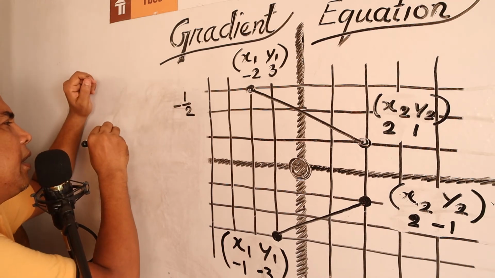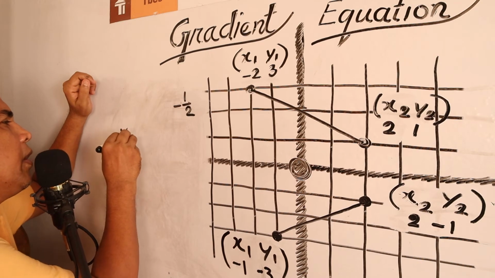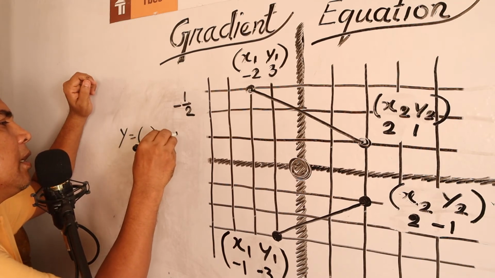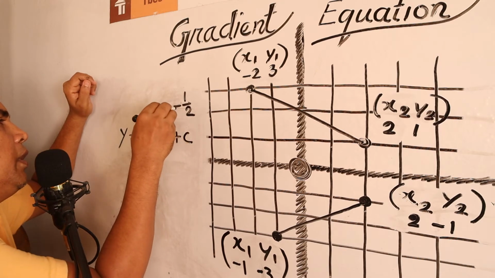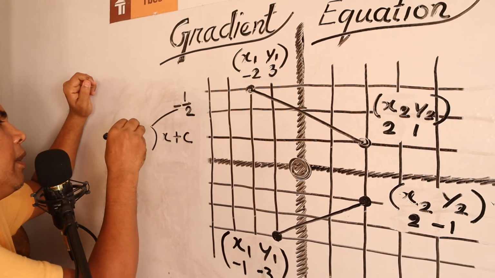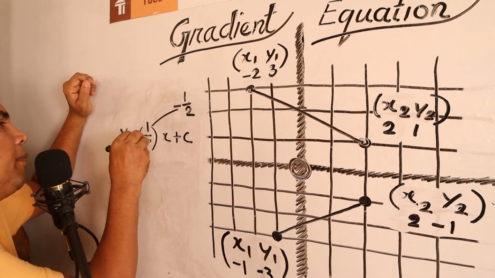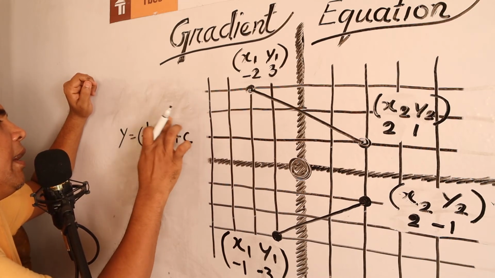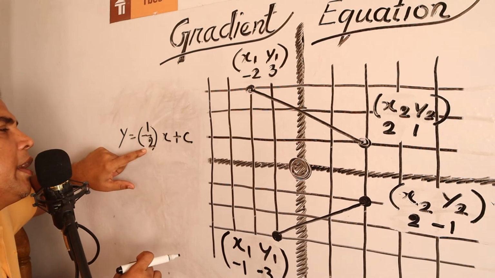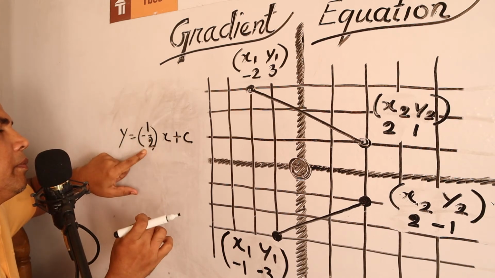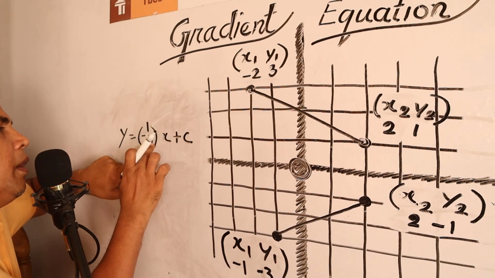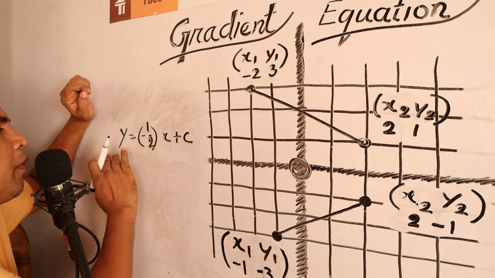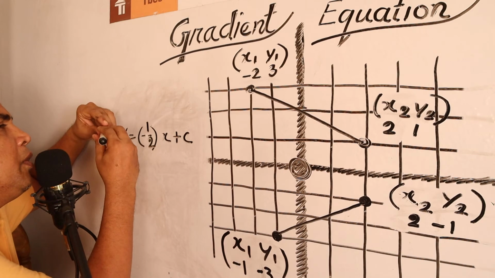And the equation is always y is equal to gradient times x plus c. So this gradient will be put here, minus half. In the equation, this is always the gradient, minus half. So minus half x.